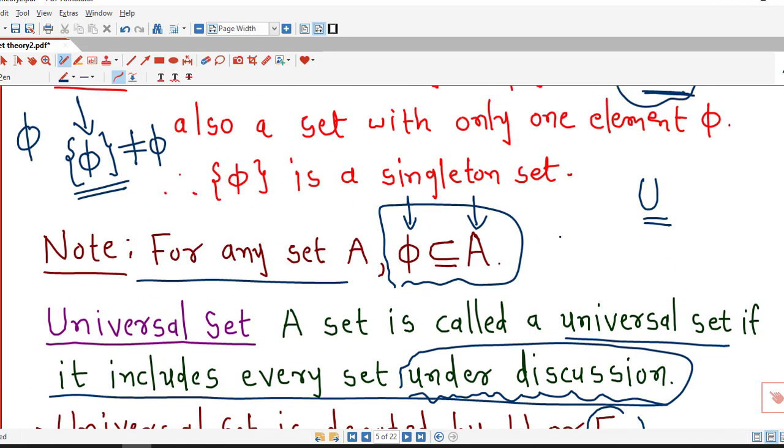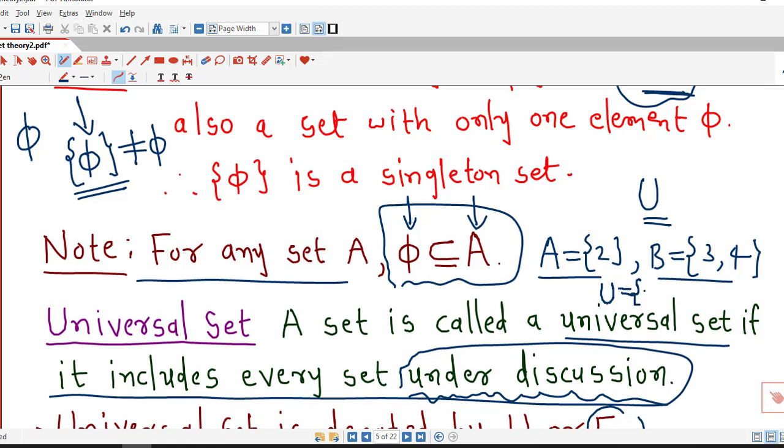For example, suppose A is a set containing 2, and B is a set containing 3 and 4. If we have these two sets under discussion, then our universal set is the set which includes 2, 3 and 4. So the universal set U includes this set as well as this set.